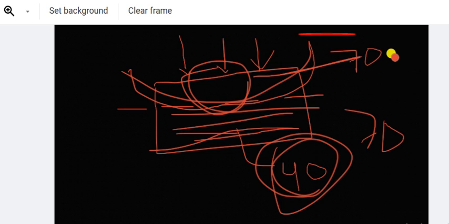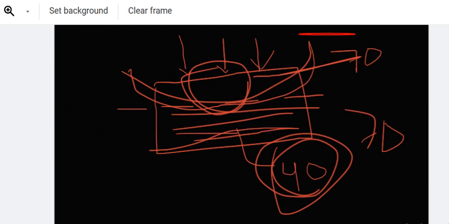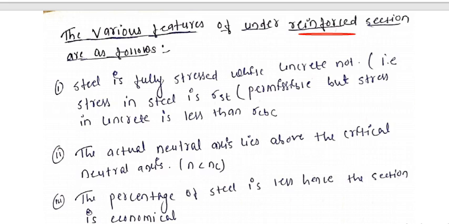tension zone only. Remember, the failure of an under reinforcement section always happens from the tensile side, from the tensile section only, okay. Then here the steel is fully stressed while the concrete is not. It means the concrete cannot approach its maximum compressive stress but the steel is fully stressed. Here the neutral axis lies above the critical neutral axis.